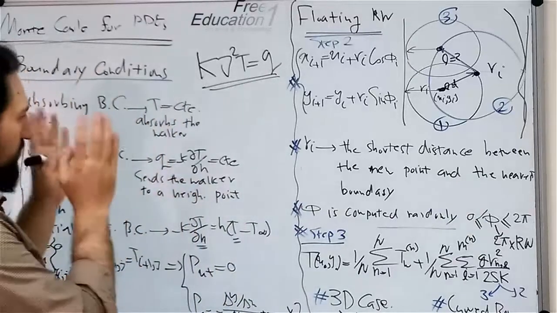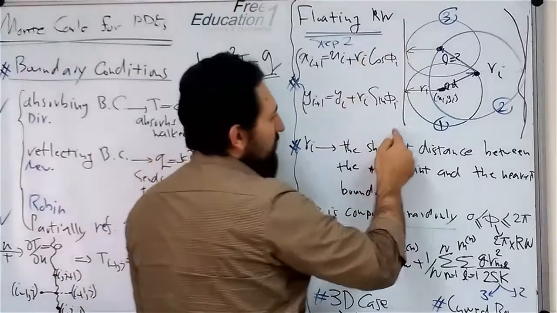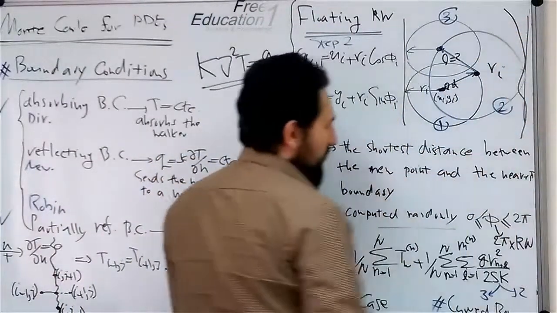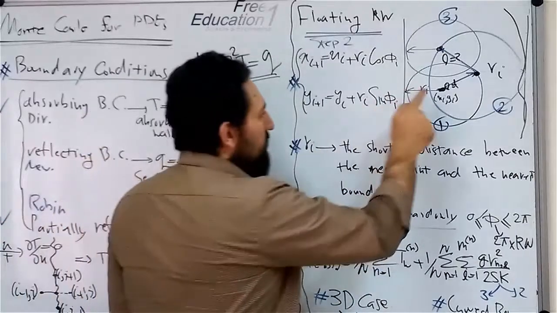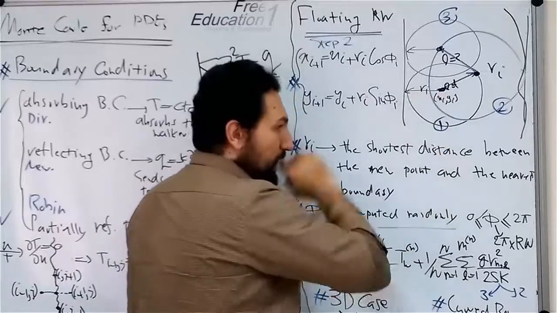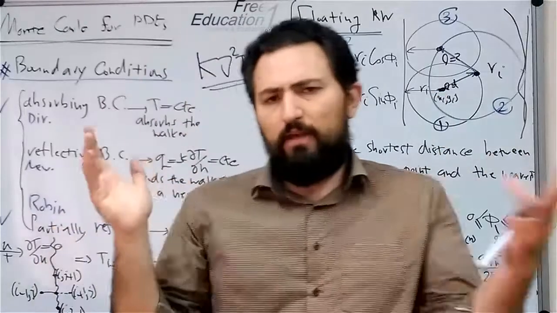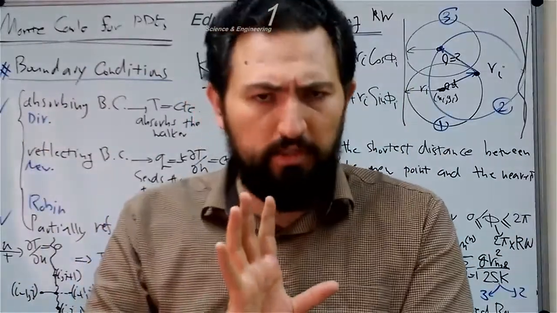Okay, as you see, this is our geometry. This is the left wall. This one is the right wall. And we are going to compute the temperature of this one. This is the initial starting point of the random walk process. But this time, I don't have a grid. I don't have a grid network.